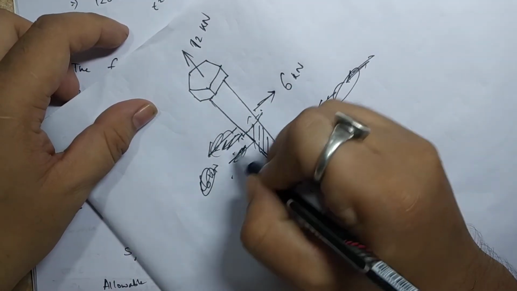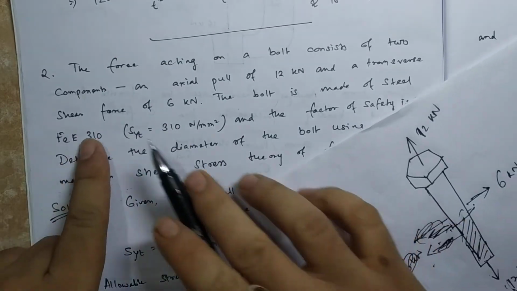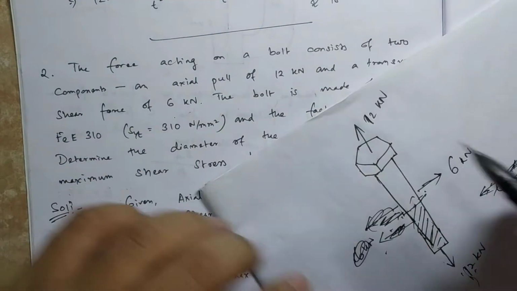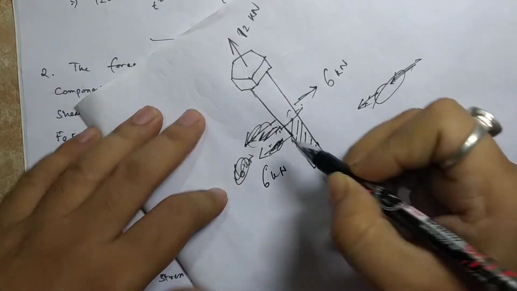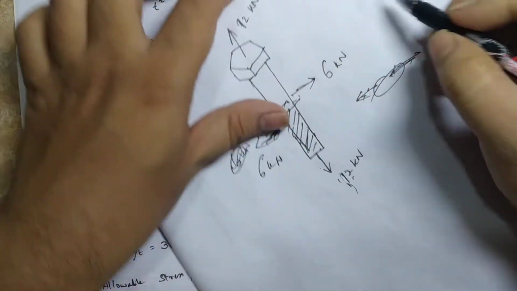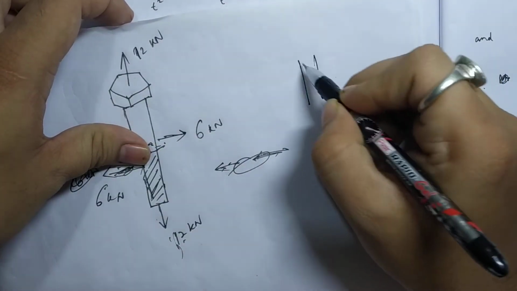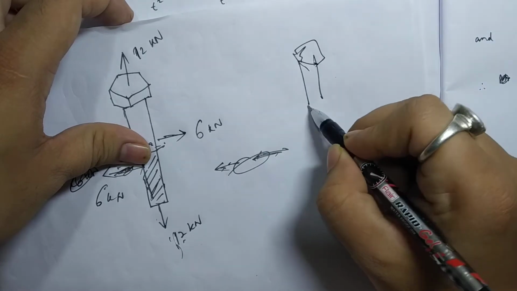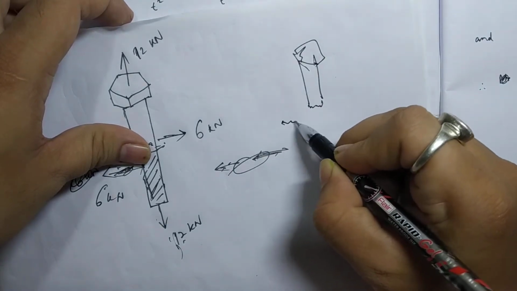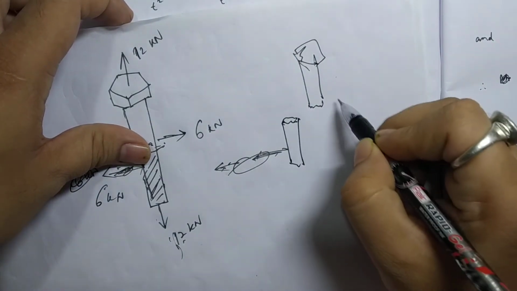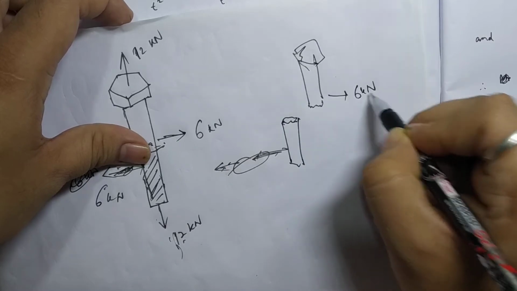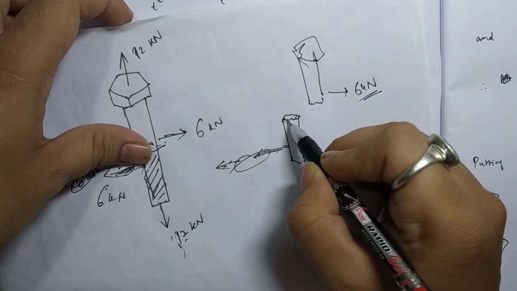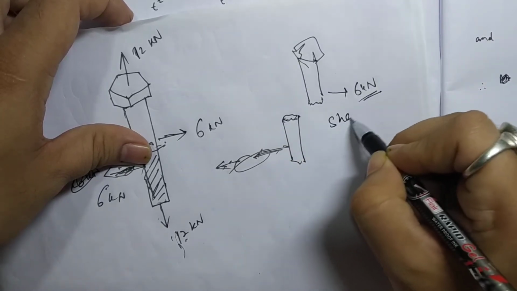They are saying that shear force of 6 kilonewton, I mean this 6 kilonewton is going to shear it. The bolt is going to break somewhere here, like this. So this is for the force 6 kilonewton, which is parallel to the area. That's why this is a shear.